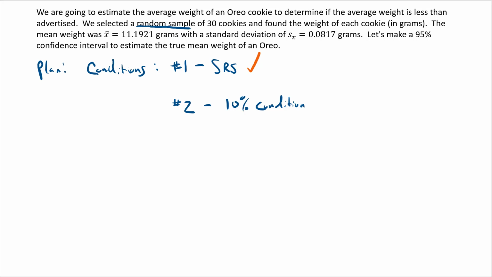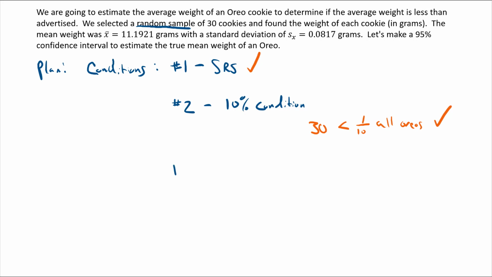For our 10% condition, our sample size was 30. Now we're going to say if that's less than 10% or 1/10 of all Oreos. And I sure hope that 30 Oreos is less than 10% of all Oreos. So we should check that off.